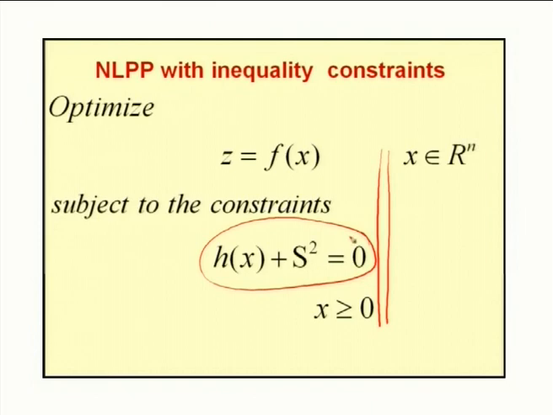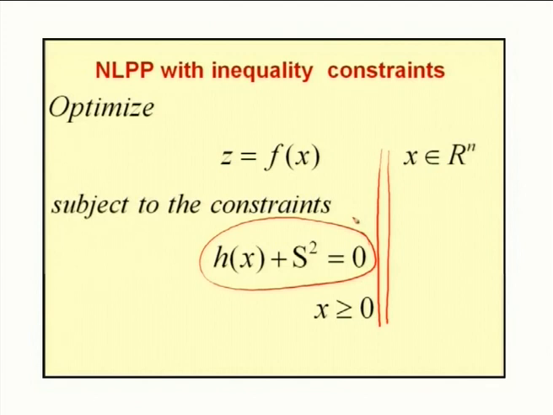We know very well that any nonlinear programming problem with equality constraints can be solved using Lagrangian functions. Now, the NLPP involving n plus 1 variables with an equality constraint can be easily solved by making use of the Lagrangian multiplier method.